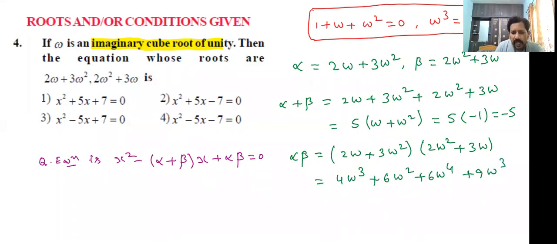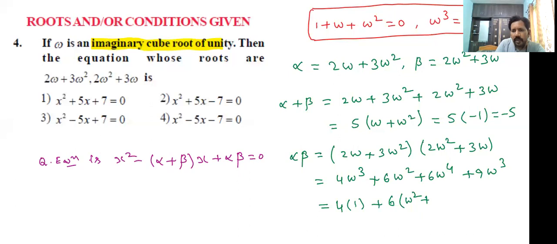So already we know that omega cube value is 1. Yes or no? So here 4 into 1 plus, in these two terms take 6 common.